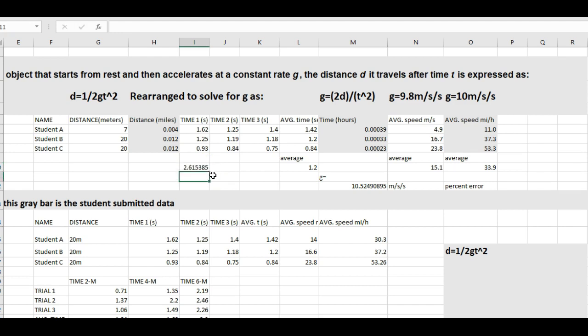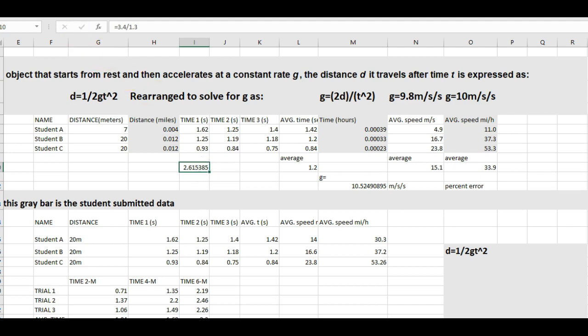But Excel gives us a return with 2.615385. We cannot be that sure. All of this noise, all of these numbers here to the right of the decimal, we just can't be that sure. This is a level of precision that we're not achieving when we start with numbers 3.4 and 1.3.